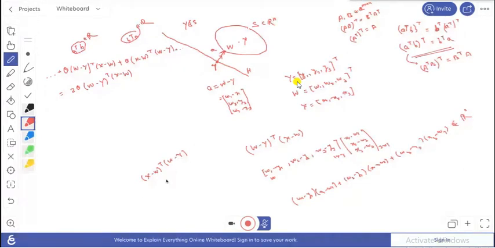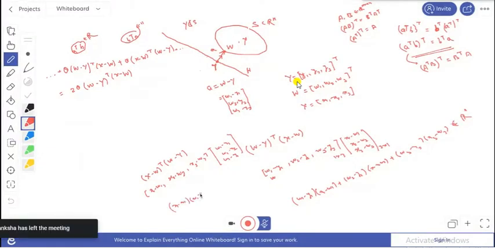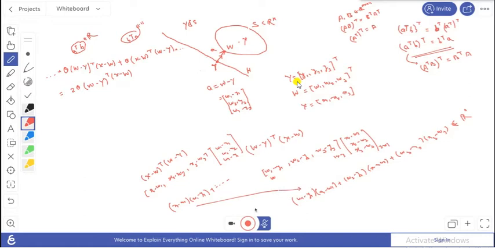Here, if we take the product of these two, this becomes x1 minus w1, x2 minus w2, x3 minus w3, times w1 minus y1, w2 minus y2, w3 minus y3. So this product is x1 minus w1 into w1 minus y1 plus, and so on. And you see that these two terms are also the same, because this belongs to R1. This is a real number, this is a real number. That's why we write here 2 times.